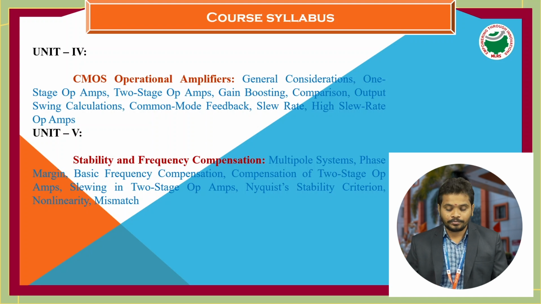We will see that here. Here we will also see both one-stage and two-stage operational amplifiers, and what the gain boosting is for those amplifiers. Of course, two-stage amplifiers have more gain compared to the normal single-stage CMOS operational amplifiers. And here you have slew rate, high slew rate: what is the slew rate and how it works in operational amplifiers using CMOS technology.